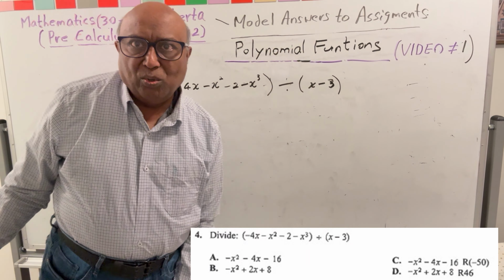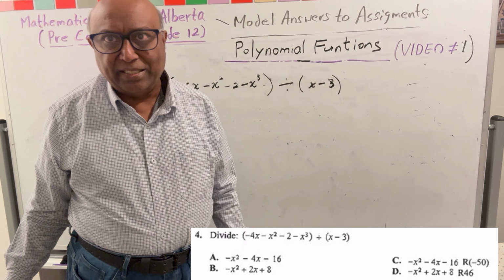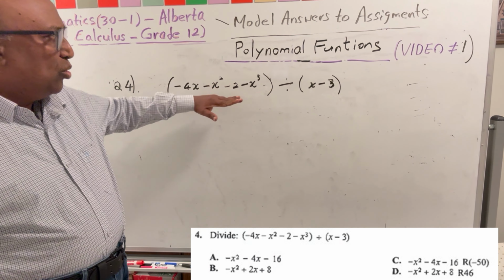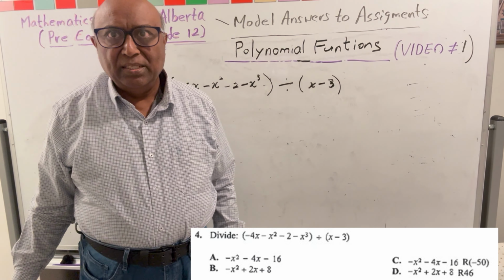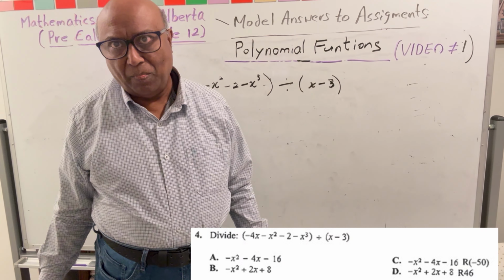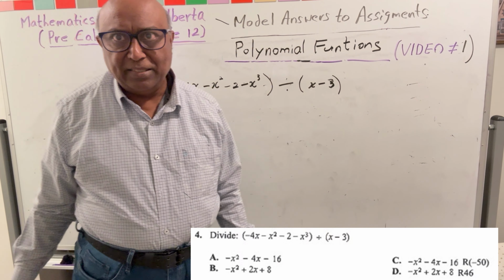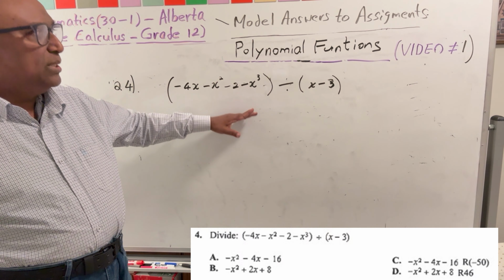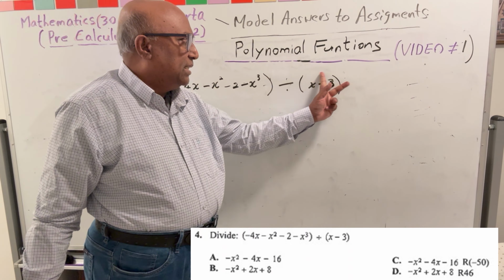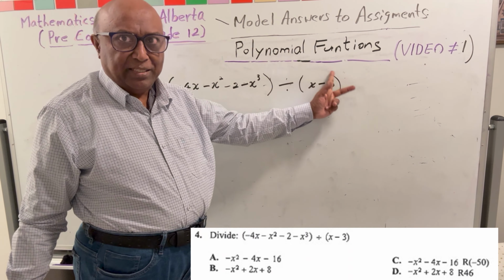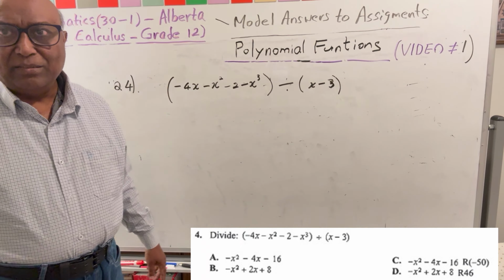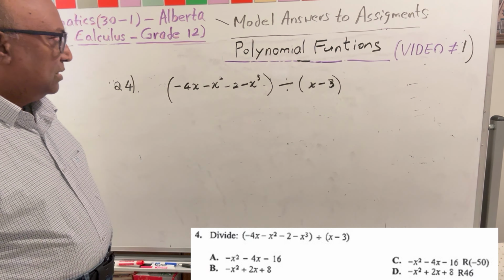Now, as you all know, there are two methods of division. You can use the long division method or the synthetic division method. As the synthetic division method is faster, let's use this one, because if the divisor is a linear function, the synthetic division method is easier.